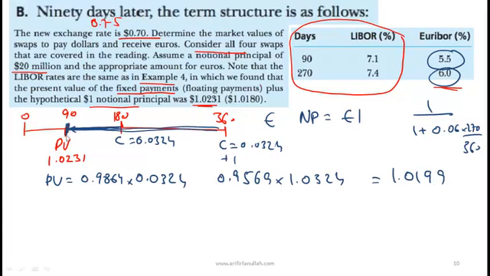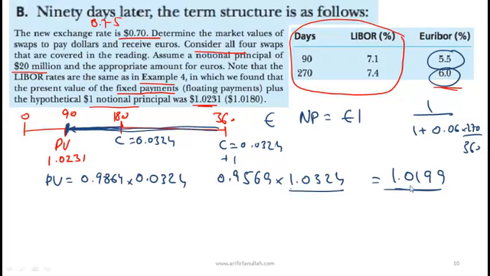At this point, the present value of your euro payments, assuming €1, is this. Is everybody with me on this number? The coupon payment was 0.0324 plus the €1 notional principal, that's where this number is coming from.